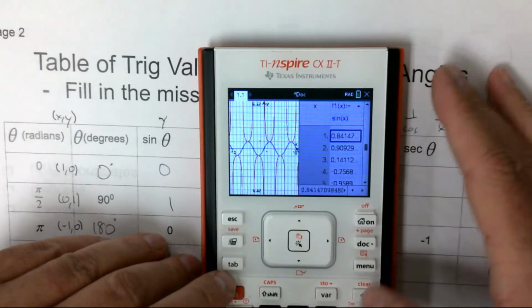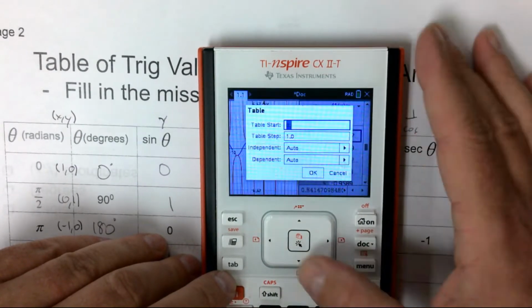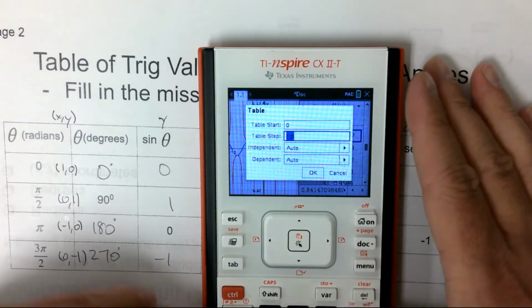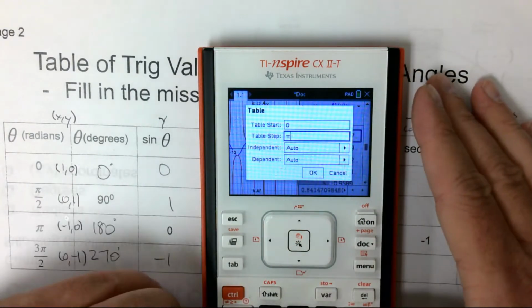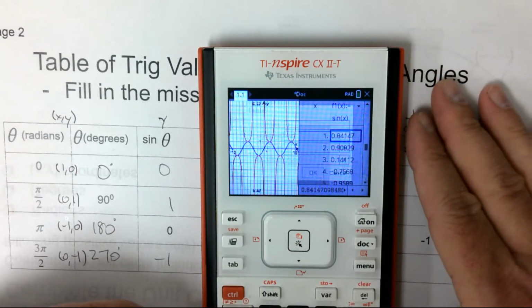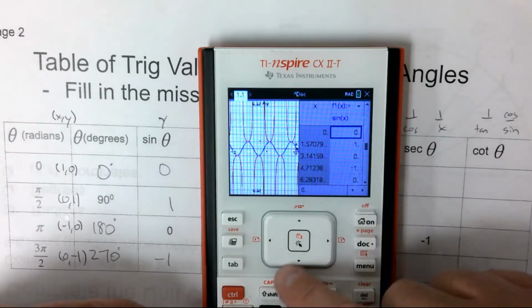Go to your table, go to your settings. You might want to start at 0 and go by pi halves. So pi divided by 2. And then you can see it goes between 0, 1, and -1.